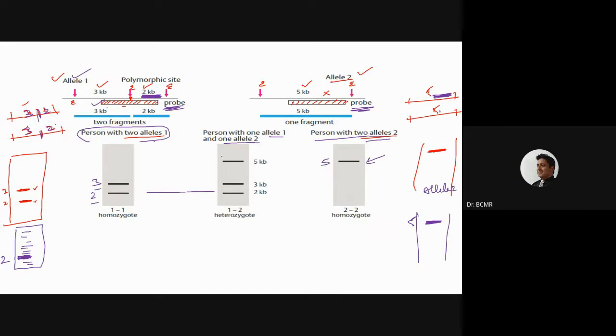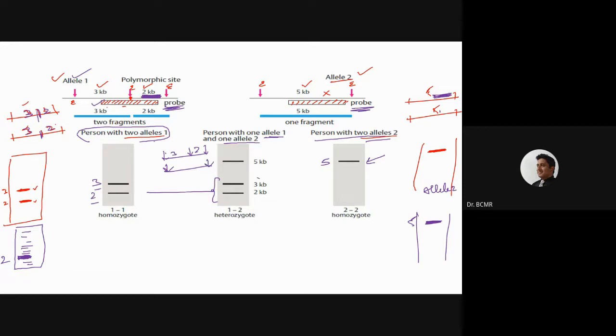If a person is heterozygous for allele 1 and allele 2, we will get 2 kb and 3 kb from one allele, that means this person has the restriction site here, and on the other allele, this person has it like this.